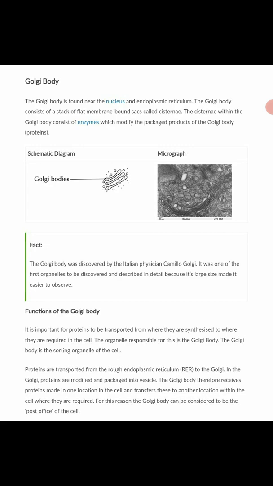I've laid emphasis on this before. For this reason, the Golgi body can be considered to be the post office of the cell. So that's all on the Golgi body.